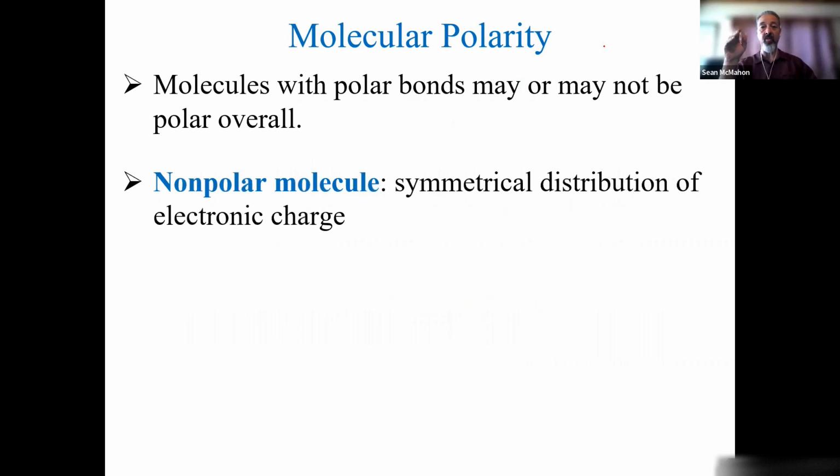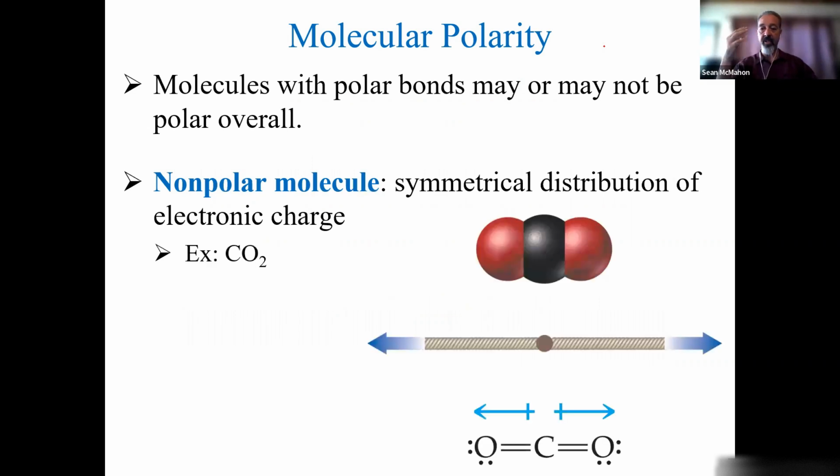Nonpolar molecules will be symmetrical. So you have to look at the symmetry of the molecule. So remember CO2. This carbon-oxygen bond is polar. Oxygen's 3.5, carbon's 2.5. It's a difference of electronegativity of 1. That's more than 0.4, but less than 2.0. That's polar covalent.